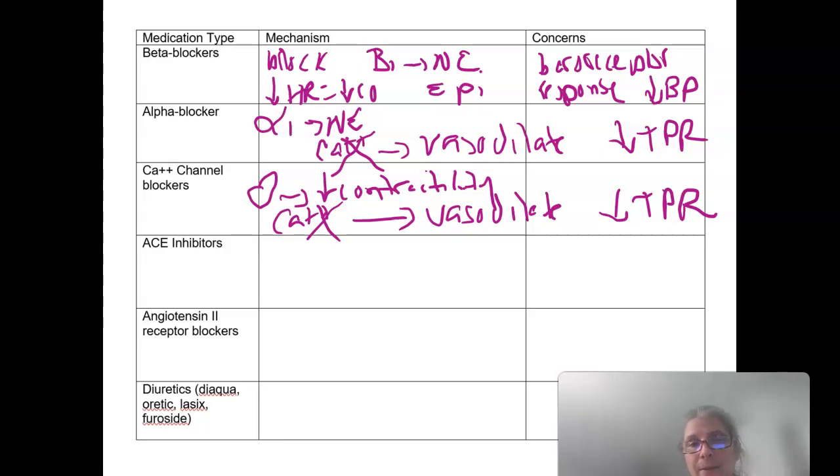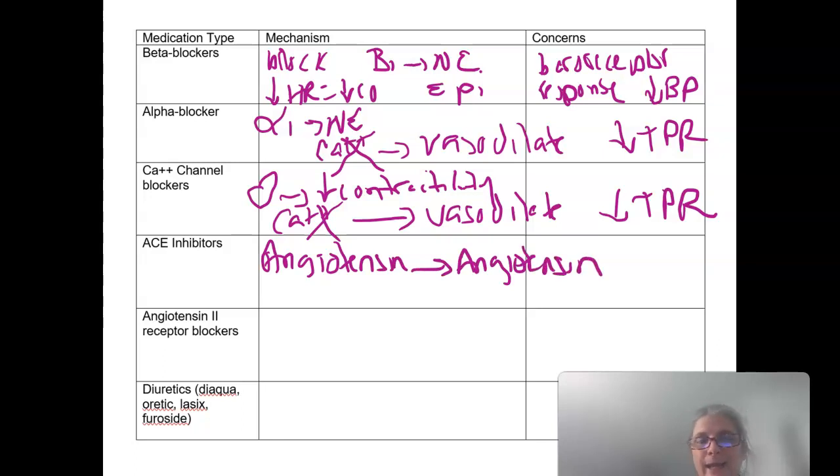So the ACE inhibitor, remember we have the angiotensin 1 converted to the angiotensin 2. This happened in the lungs, and that ACE, angiotensin converting enzyme, was the enzyme. So what an ACE inhibitor does is it doesn't allow that enzyme to work. So now you're not going to get your angiotensin 2.